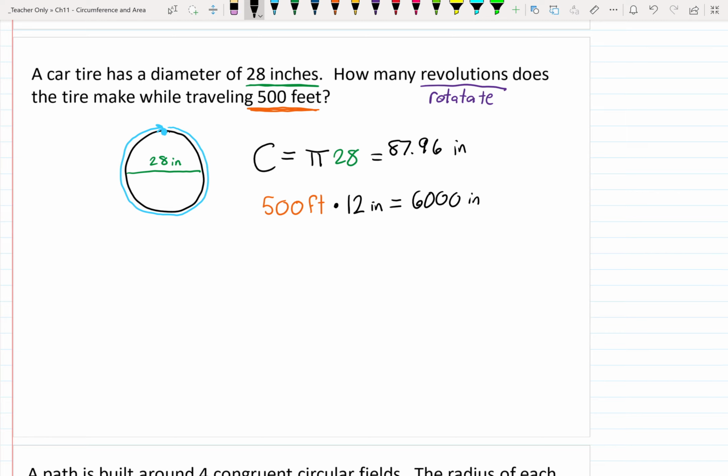So all we actually have to do is say if we went 6,000 inches and each rotation travels 87.96 inches, we can divide and find how many rotations there were. 6,000 divided by 87.96 would be 68.21. So that means in 500 feet, we are rotating 68.21 times to cover that distance.